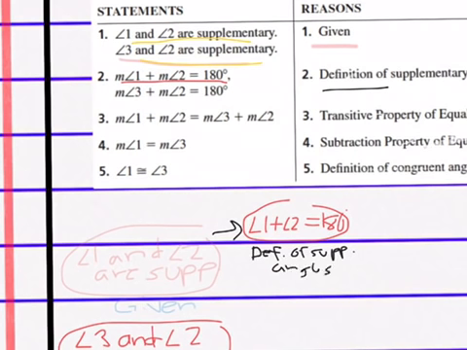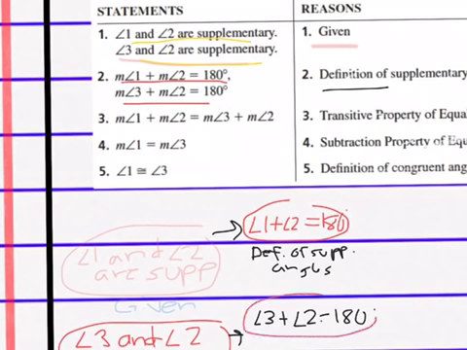Okay, and then I'm also going to do this part, angle 3 and angle 2 equal 180. Oh, my color scheme's all off. That was supposed to be red. Whatever. And my reason is also definition of supplementary angles.